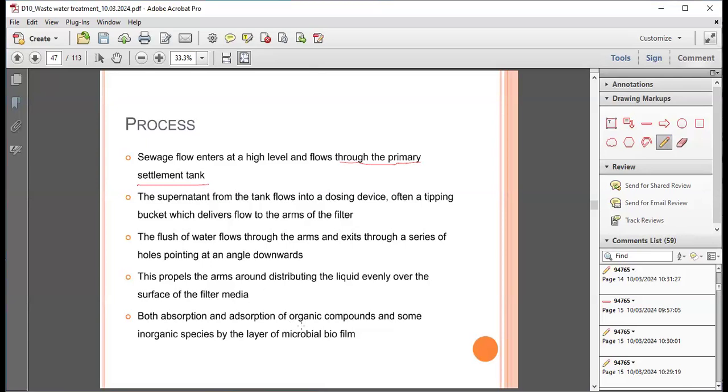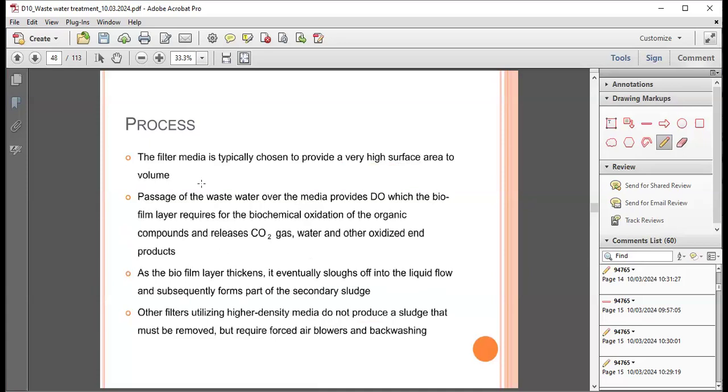This is absorption of organic compounds and some inorganic species by the layer of microbial film. The filter media is typically chosen to provide a very high surface area to volume.